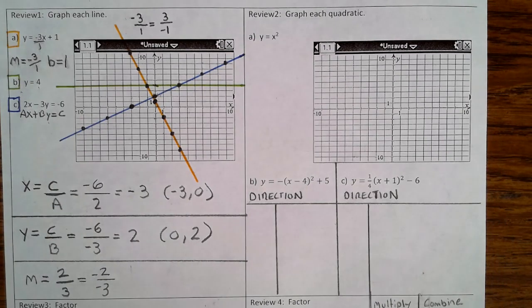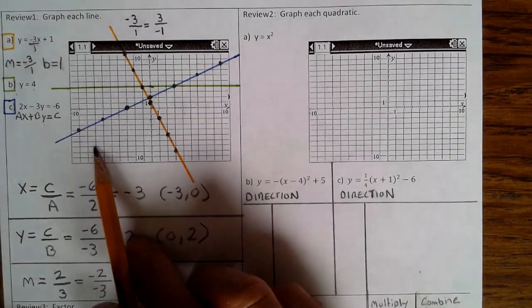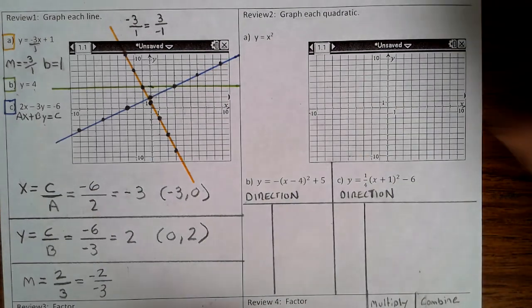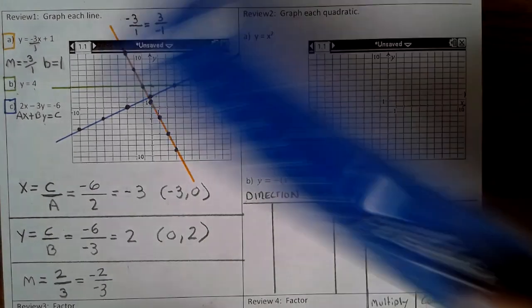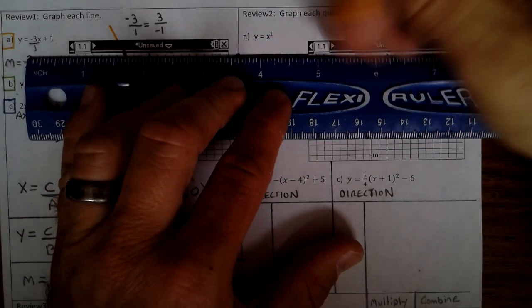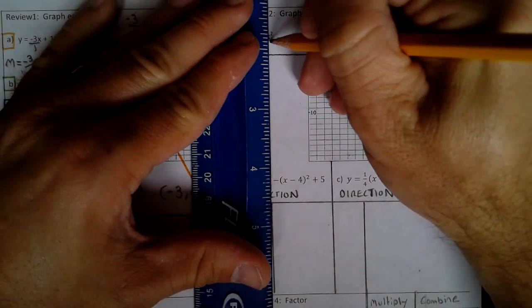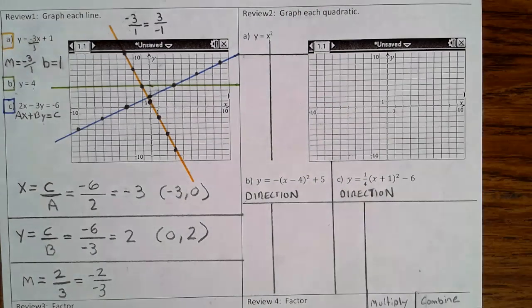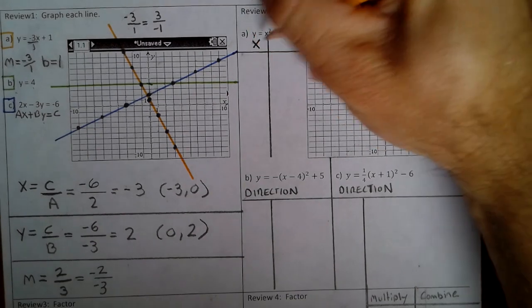Graph each quadratic. Okay, so we reviewed graphing linear equations. Now let's review graphing quadratic equations. Okay. Now, y equals x squared is the parent function. So these will be actual points. Okay, so x, y.